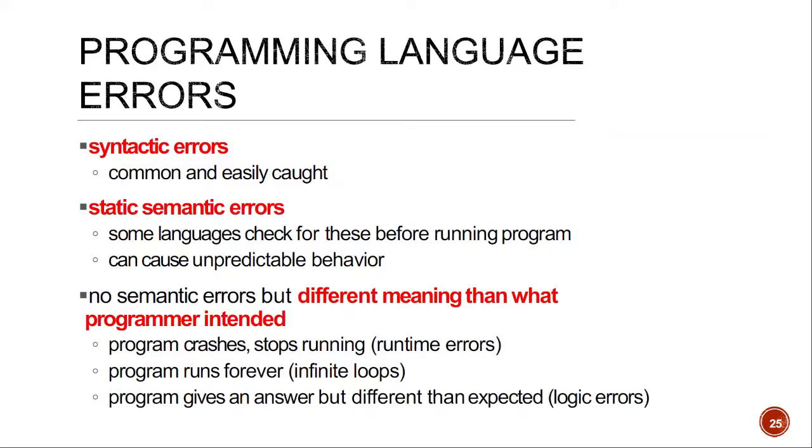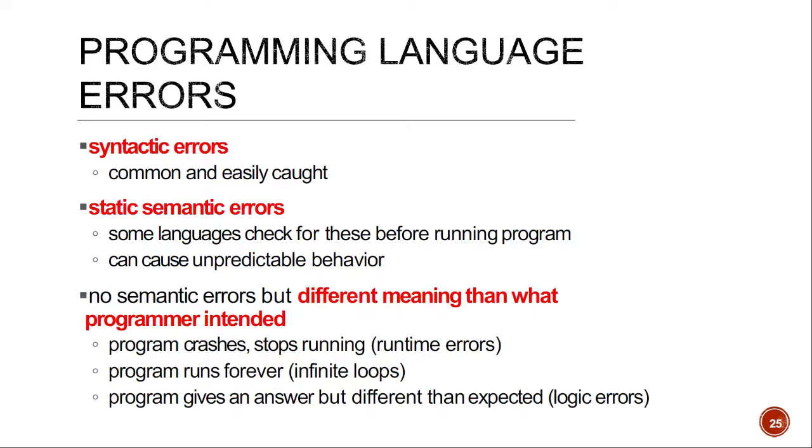That's why we can divide the types of errors in a programming language into 3 different types. The first, which is the most easily caught, is the syntactic errors, which is an error in the syntax itself. The second is static semantic errors. These may cause unpredictable behavior because syntactically speaking, you are using the correct syntax, but the operation that you're performing does not make sense.